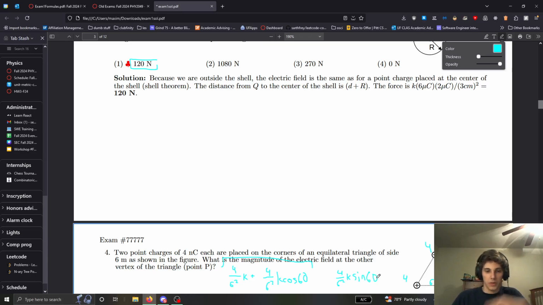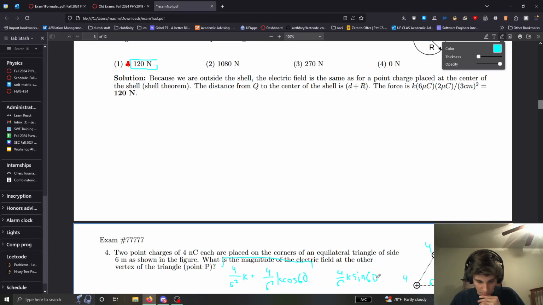All right, and then we square both of those, add them, and square root the result. 4 over 36 times 9 plus 4 over 36 times 9 times cosine of 60 is that squared. Am I doing this right? I don't remember these being the numbers I got earlier.